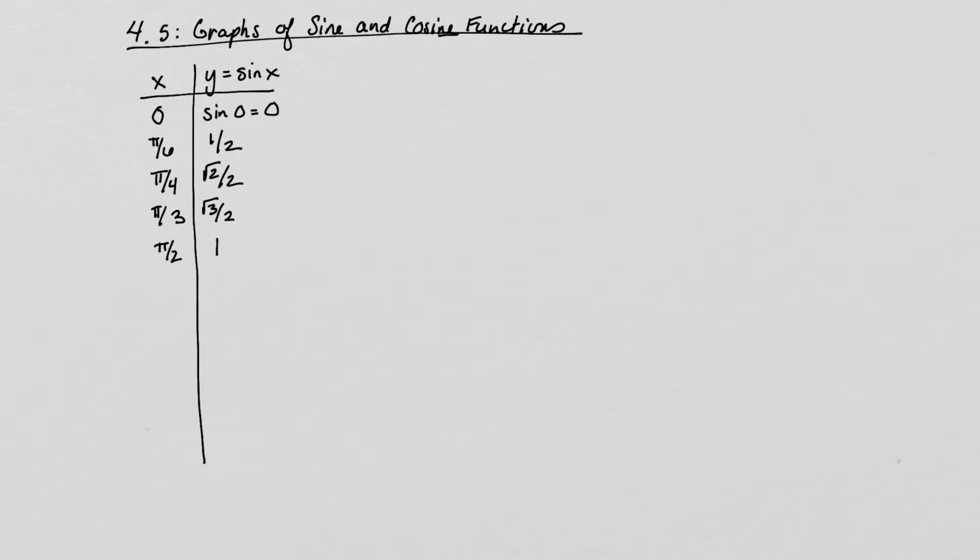And then you could look at 2 pi over 3, and stuff begins to come back down. It's the same thing as on the unit circle, where our values went up to 1, and then they mirrored coming back down, and then in the third and fourth quadrants, they got negative.